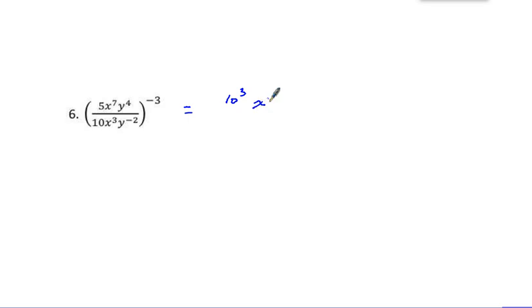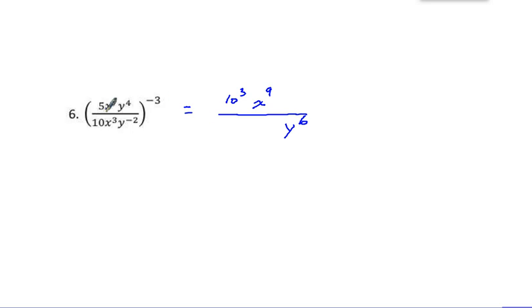X cubed raised to the 3rd power as well is going to be the 9th power, and y to the negative 2nd power would move to the numerator and then back to the denominator because this is negative. So that's actually going to be a part of the denominator, y to the 6th.